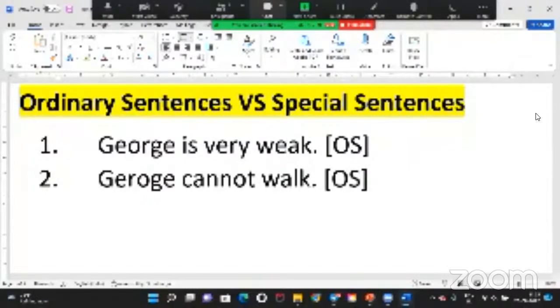Now you join these two sentences and write them as one sentence. Write as many sentences as possible. Write maximum.